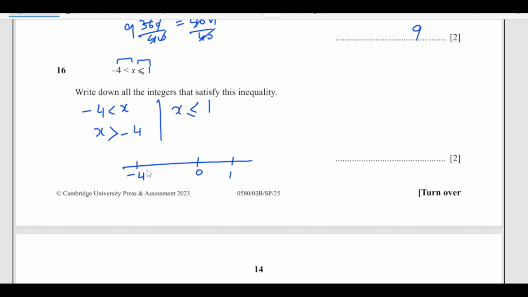So x greater than negative 4, this is a hollow circle here, and less than or equal to 1, this is going to be a shaded circle. So all the values in between are going to be the answer. So we will have negative 3 because negative 4 is not included, we are not taking negative 4: negative 3, negative 2, negative 1, 0 and 1, right?